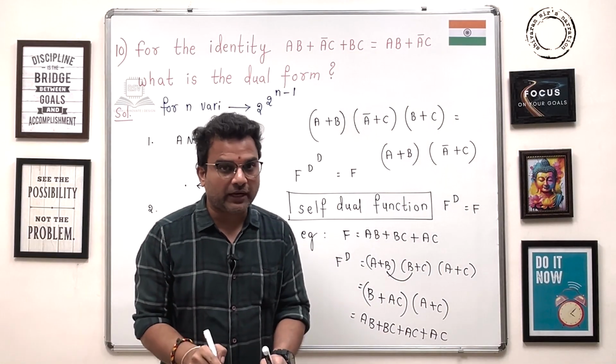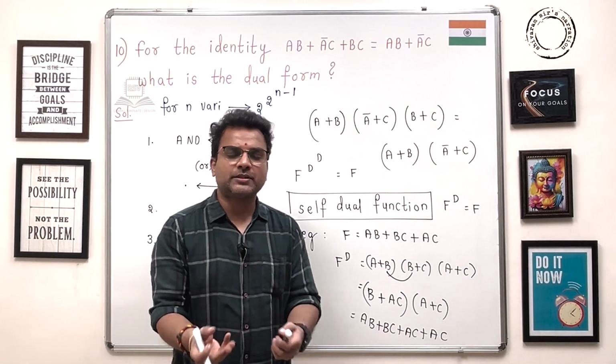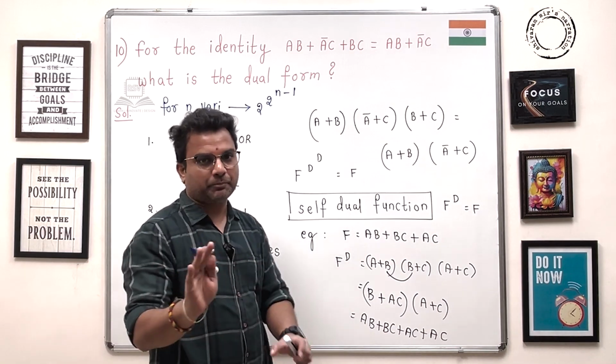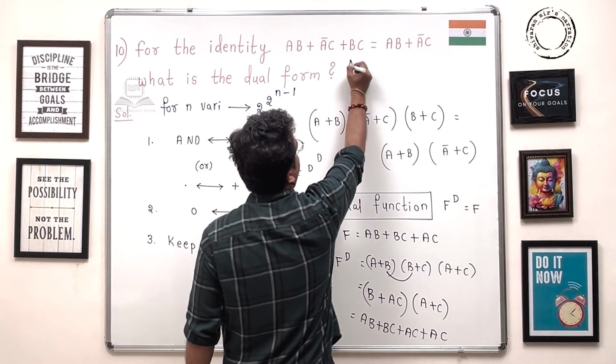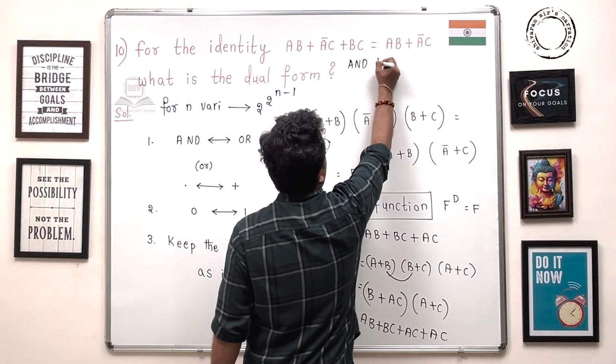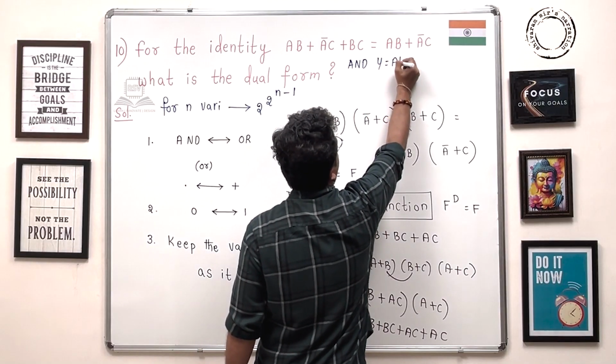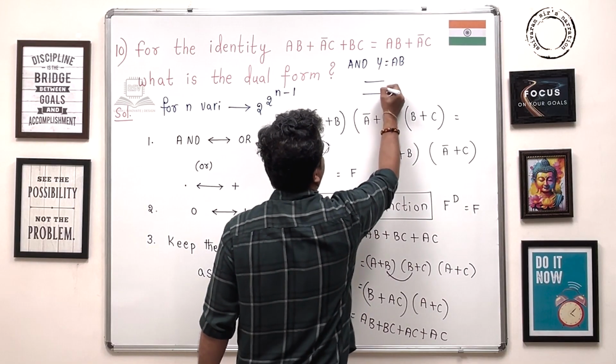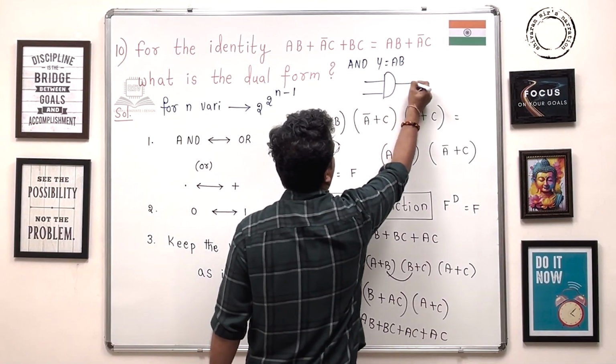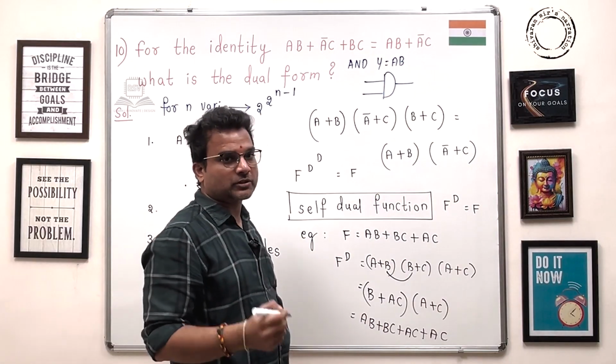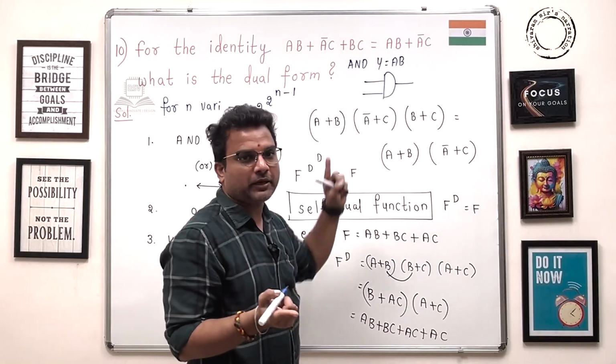The same duality you can apply to logic gates also. For example, let us take the AND gate. The operation is AB. Let's consider this logic gate. Then you apply duality for this, what will you get? A plus B only.